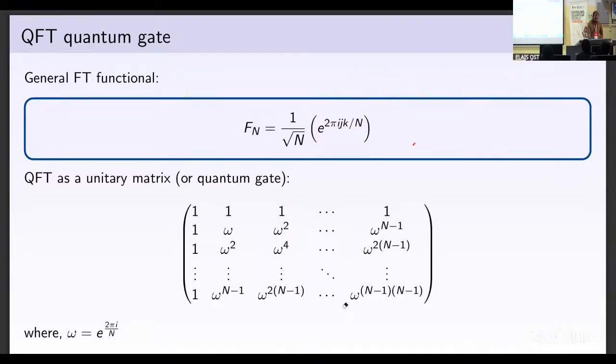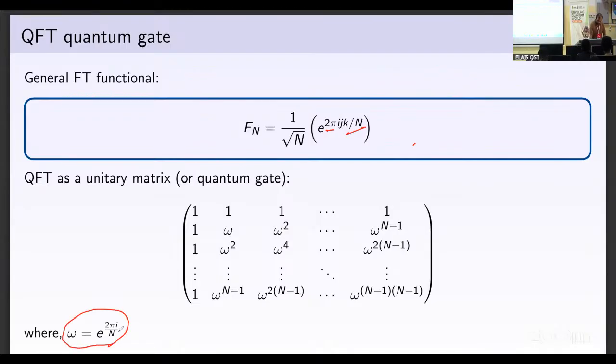just, I mean, say I'm defining this 2 pi i by n as omega.